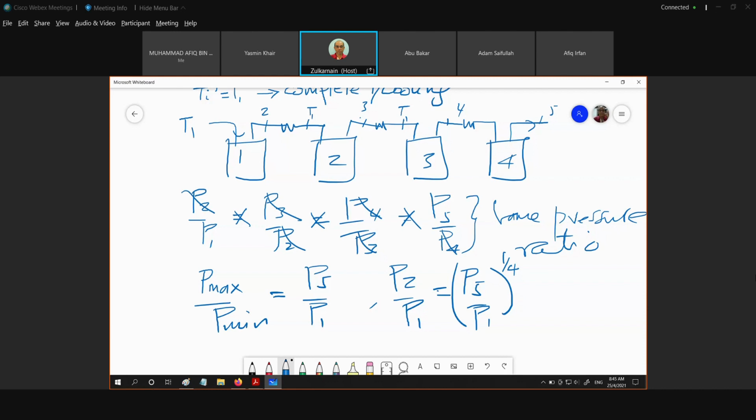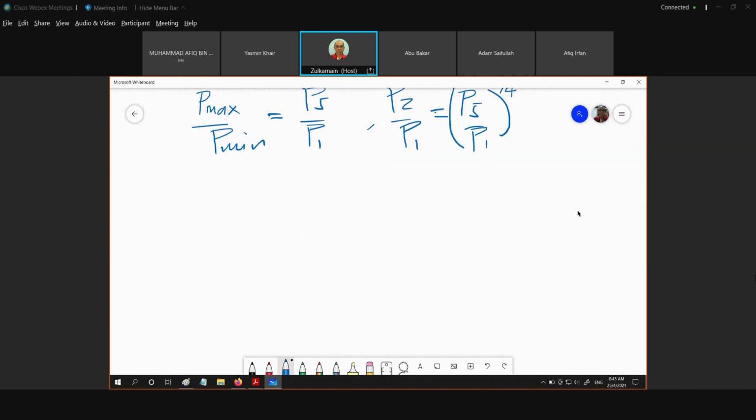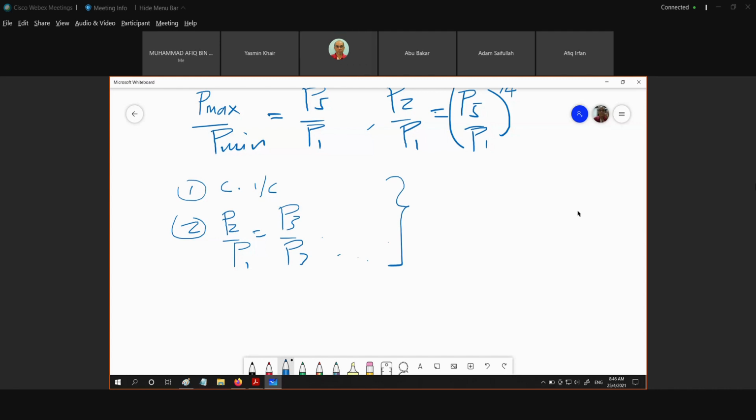Dan bila kita dapati kita ada complete intercooling dan kita ada same pressure ratio, apa maksud dia? Nombor 1, kita ada complete intercooling. Nombor 2, kita ada same pressure ratio. What does this give us? Guys, apa dia?